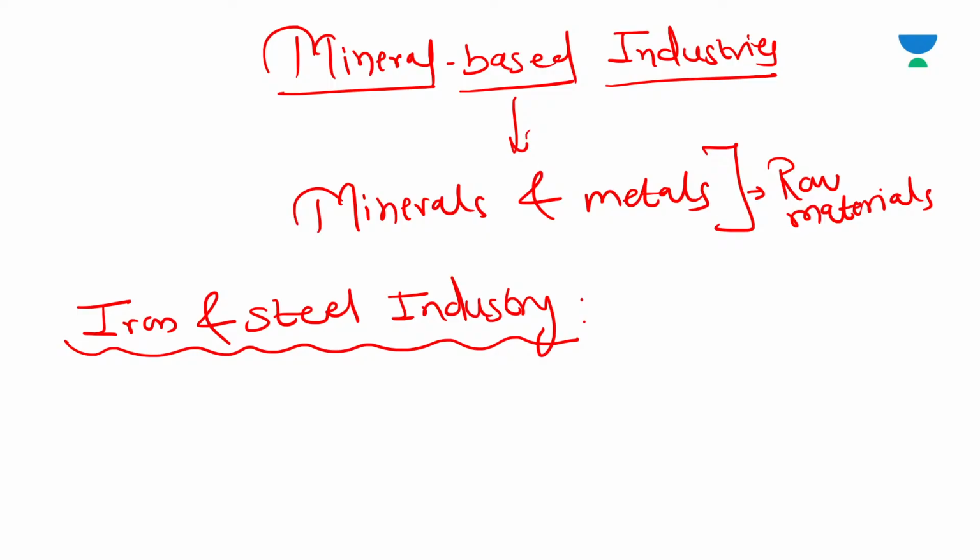Then iron ore, coking coal, and limestone are required in the ratio of approximately 4:2:1. Some quantities of manganese are also required to harden the steel.